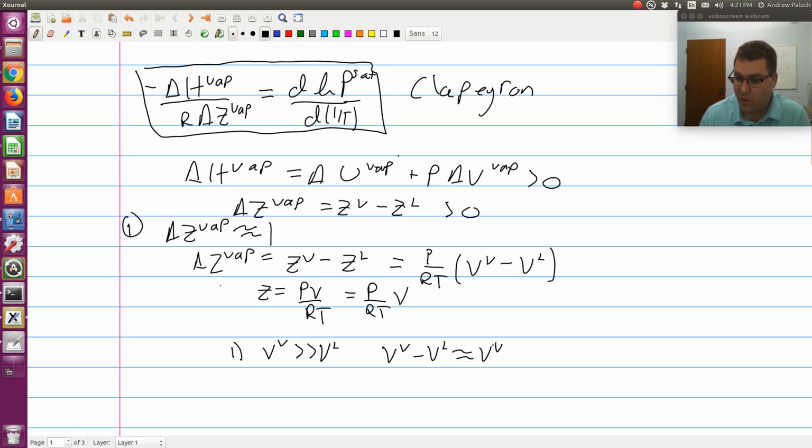The molar volume of the liquid is negligible. And second, if we assume that the vapor phase is an ideal gas.